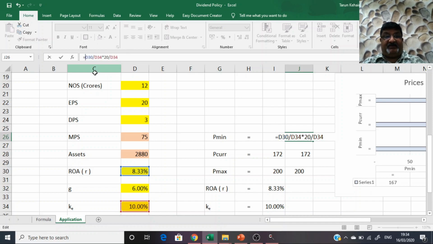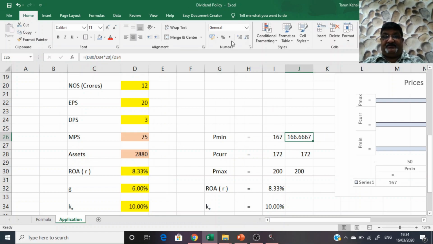So that should be your minimum share price, which is 167, as I have denoted here. This is how I have got the three prices. The forecasted price is 172, which is when the company follows the current dividend policy. Mind you, this is still not an appropriate dividend policy. When the company follows a completely appropriate dividend policy, there are chances of the share price reaching its maximum value of 200 rupees.